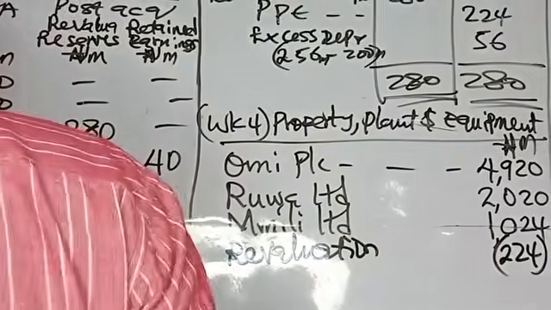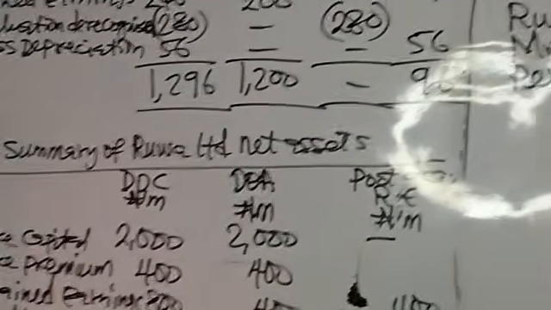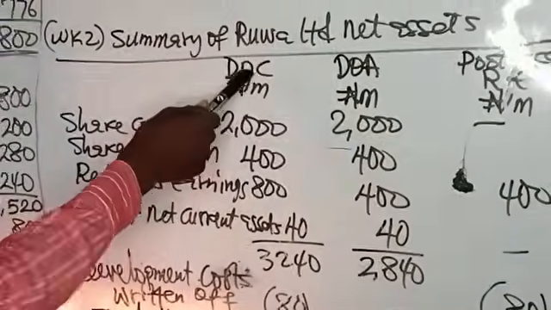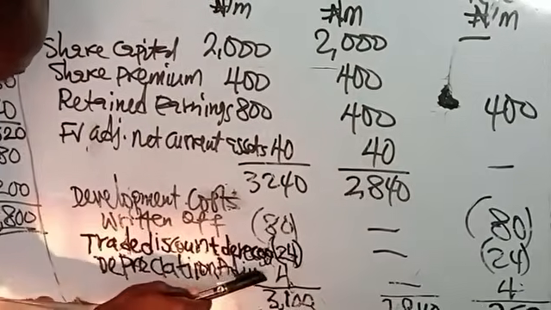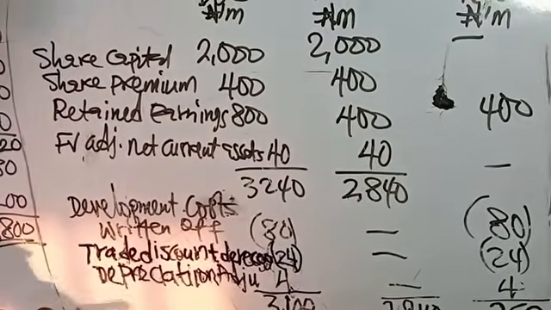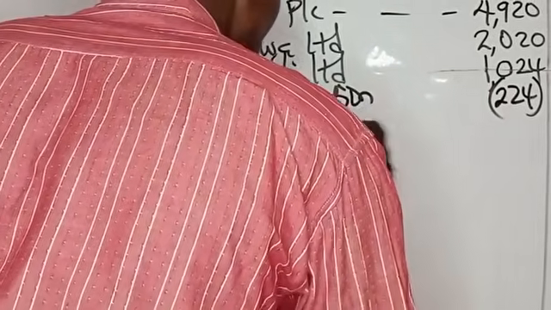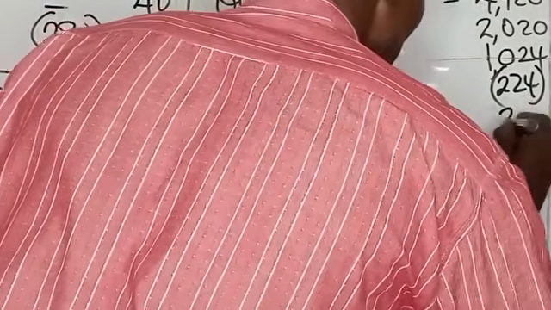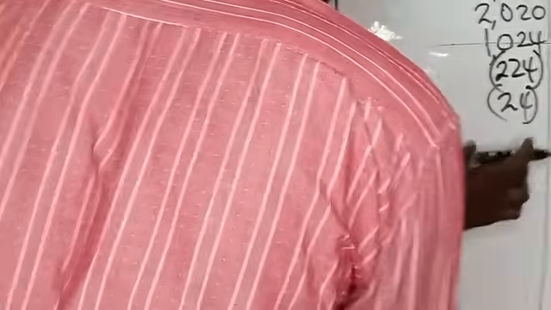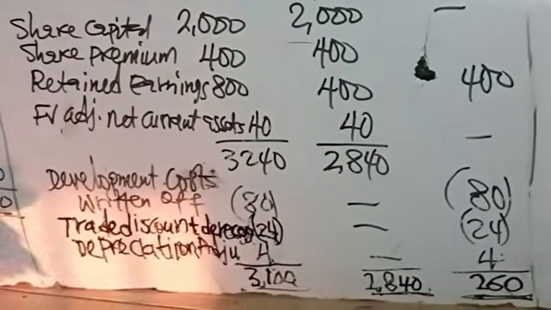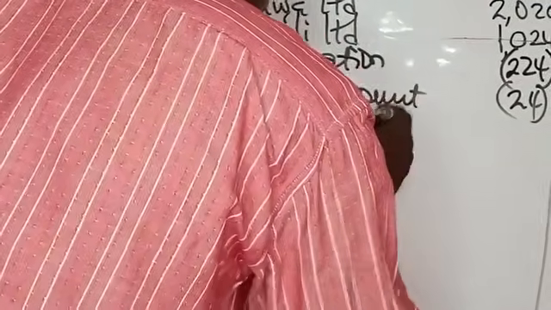Then, if you go to the summary of Ruwa Limited net assets, we have a trade discount of 24, which was recognized as well. Since we are recognizing it, we subtract, which led to a depreciation adjustment of 4.